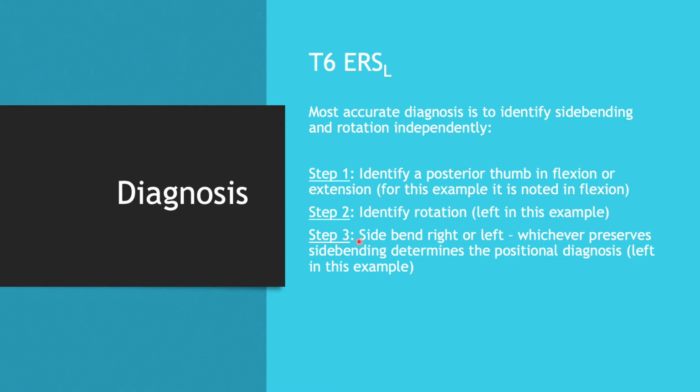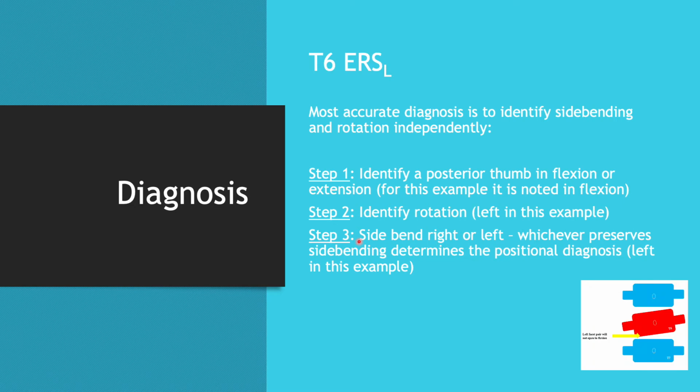Step 3. This is the step that really kind of drives home, and it actually makes a lot of sense. Now, if I have a patient sitting in front of me, just like this stack of vertebrae, T6 and 7, and the patient is rotated left, and I want to know, are they side bent left?